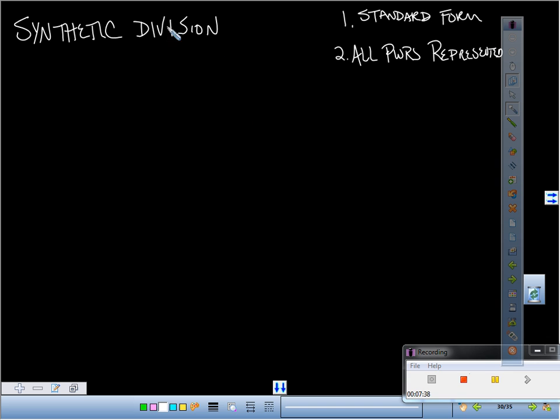Y'all listen to me. Synthetic division, if you don't represent all the powers with the zeros, it's wrong. It won't be okay. Okay? It'll make it wrong. The third thing is you are going to use the roots and not the factors. Okay?